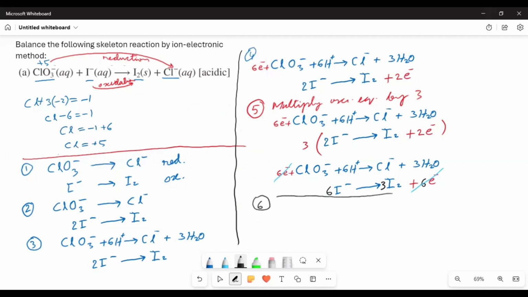Then after adding, you will get chlorate, ClO3 minus, plus 6I minus, plus 6 hydrogens, giving 3 iodine molecules, 1 chloride, and 3 water molecules. So in this way, we have balanced the chemical equation.